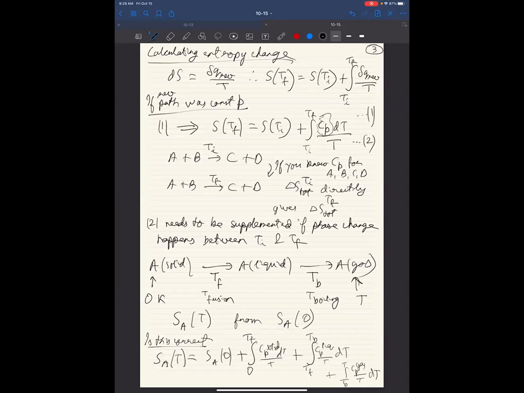But there is something else that happens right at the melting temperature or right at the boiling temperature. That is the process of fusion or the process of vaporization, which is known as the latent heat, right? There is some extra heat that is given into the system. So this is not correct.